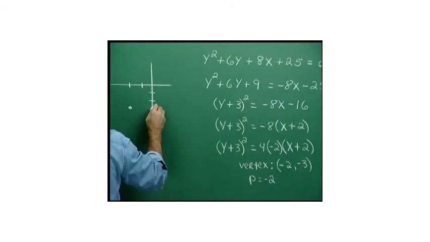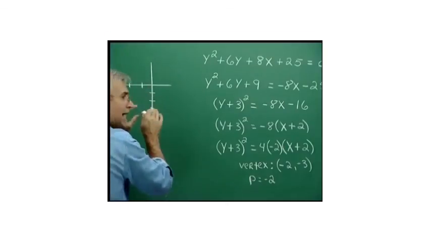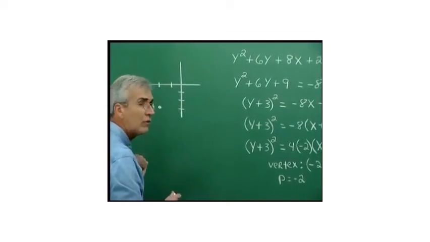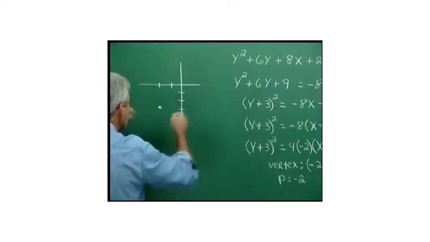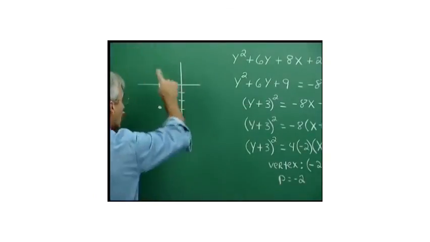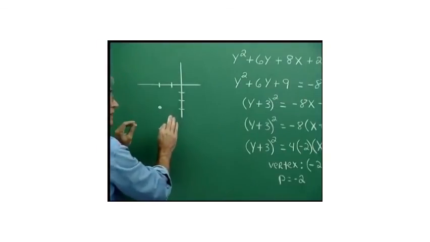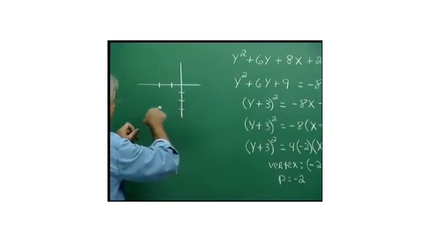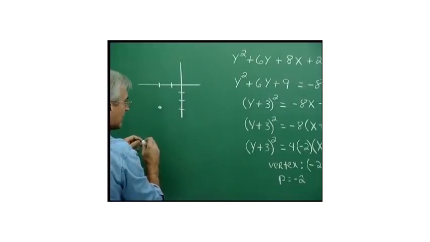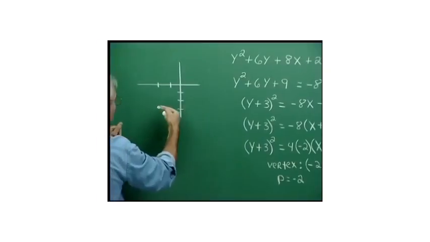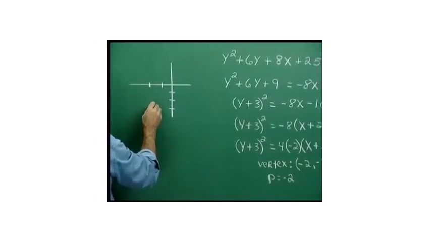Okay, now how is the graph situated? Well, we will go back over here and we see, oh, second degree y, first degree x. So 1x gives rise to 2 y values. Again, we're opening to the side. Okay, so we're opening to the side. That means that the distance p is taken as a horizontal distance, and that p-value is -2. From here, let's see, the positive direction is that way, negative direction this way, so we go to the left 2.